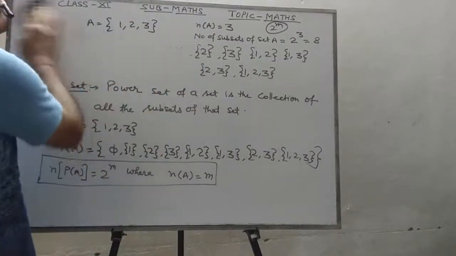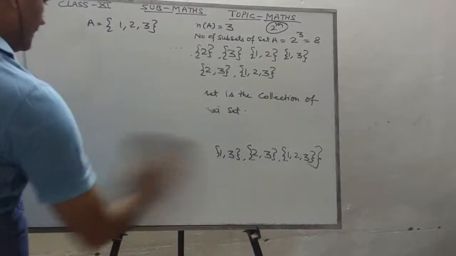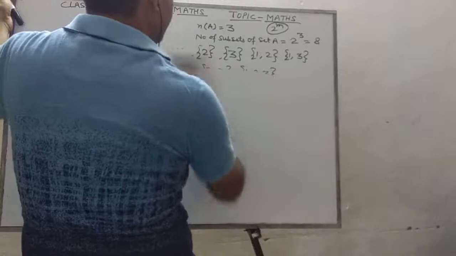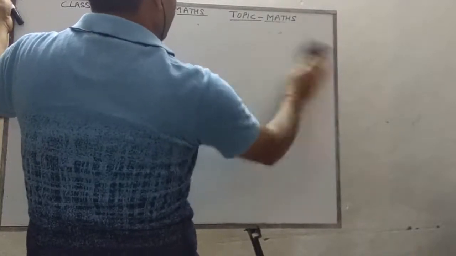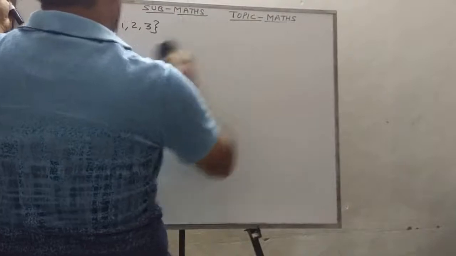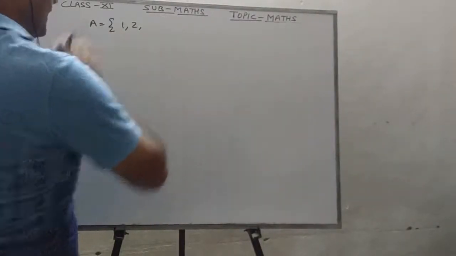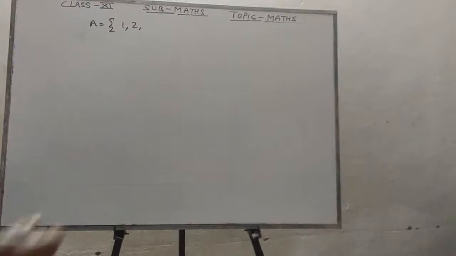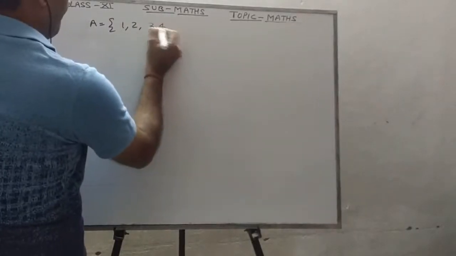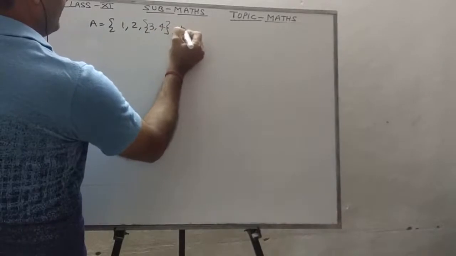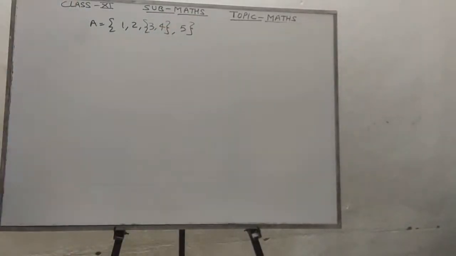Let us have a problem. Suppose we have a set containing the elements 1, 2, and a set {3, 4}, then 5. Here we will see whether some statements are true or false, correct or incorrect.